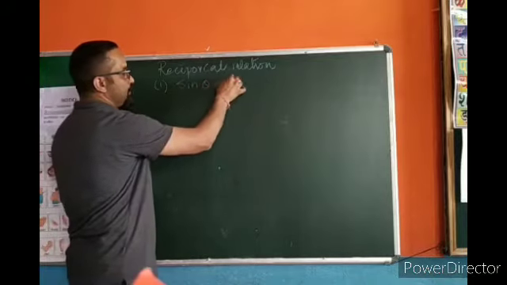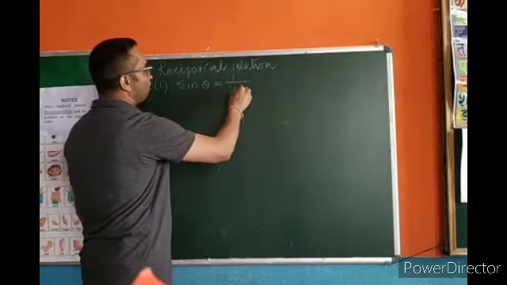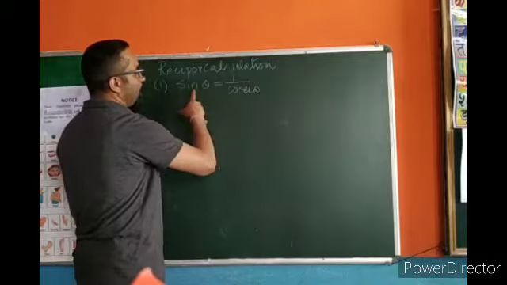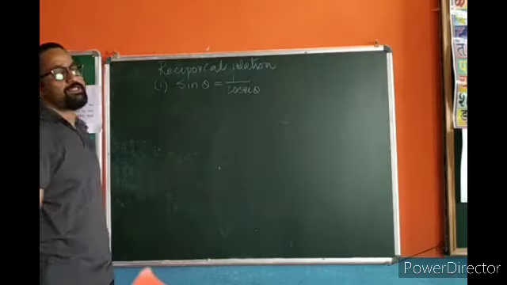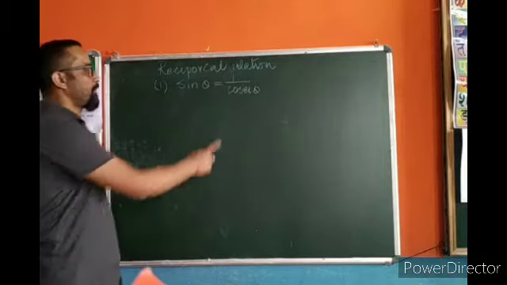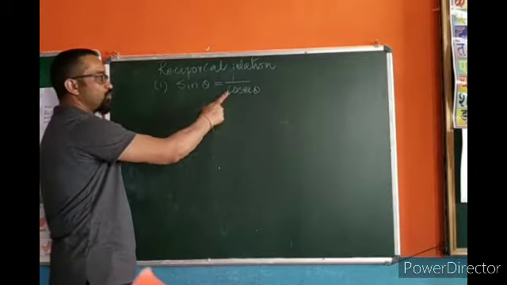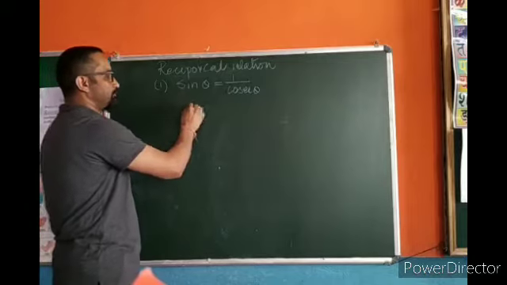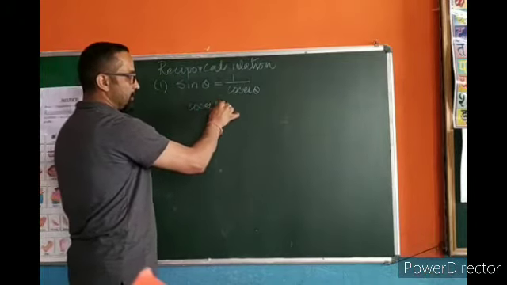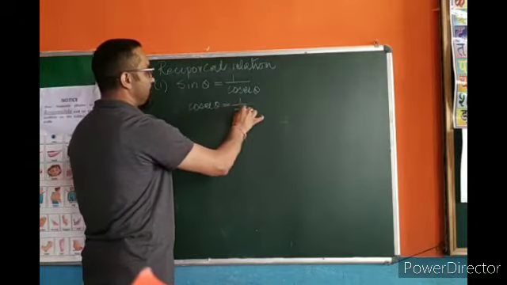Sine theta is equal to 1 divided by cosec theta. They are reciprocal to each other, sine and cosec. Since sine is reciprocal of cosec, so cosec will be reciprocal of sine. Cosec theta is equal to 1 upon sine theta.